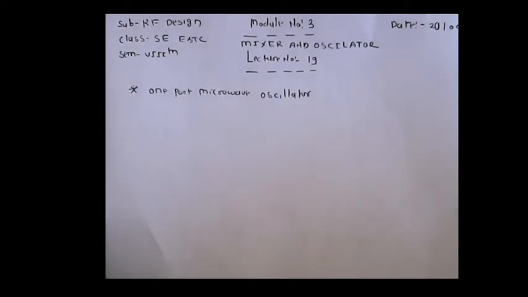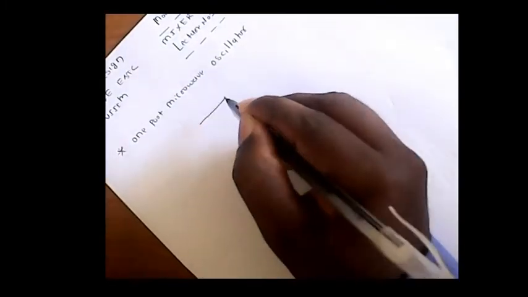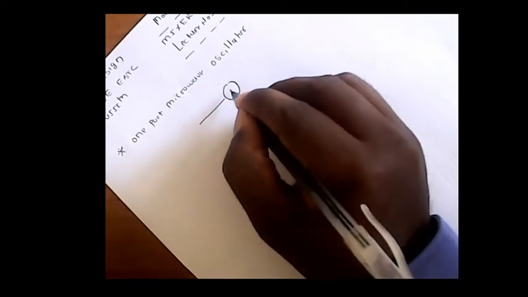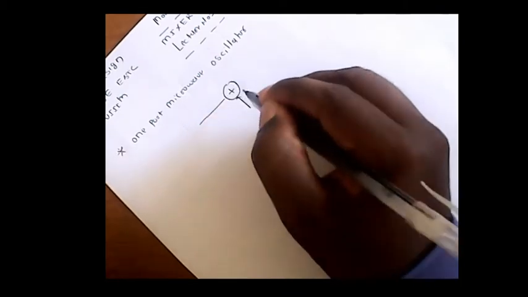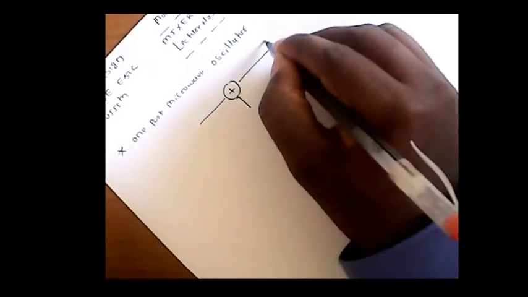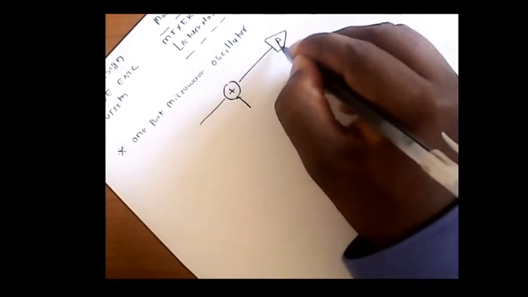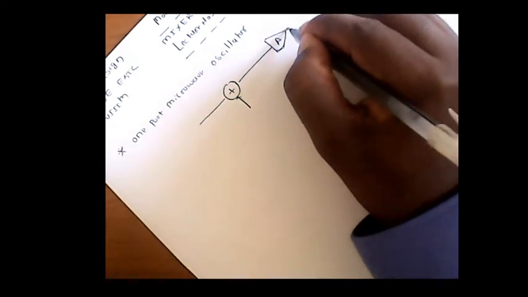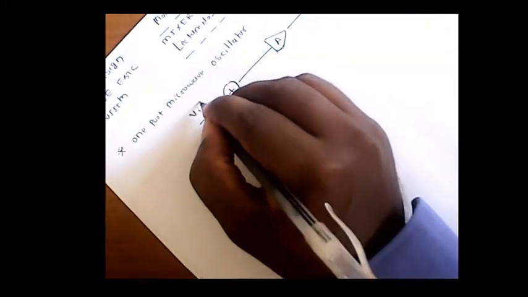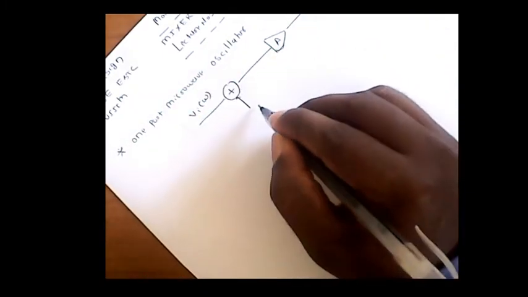If we draw the basic structure of any oscillator, it will look like this: summation circuit, feedback loop, amplifier with gain A, output voltage V0, input voltage V omega, and feedback H omega.